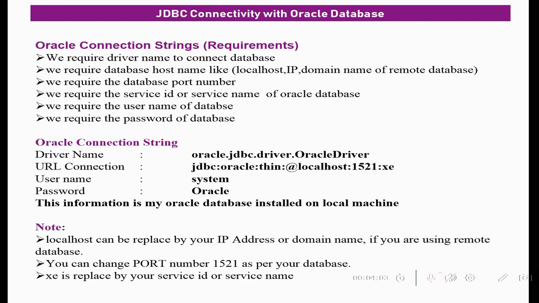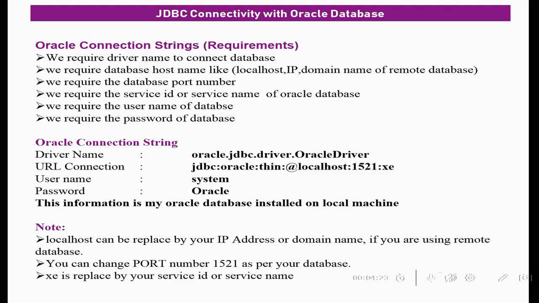Thin is a driver. Oracle is a database. JDBC is an API. Now username: system, password: oracle. This is the credential of my local database, with Oracle database installed on my local machine.